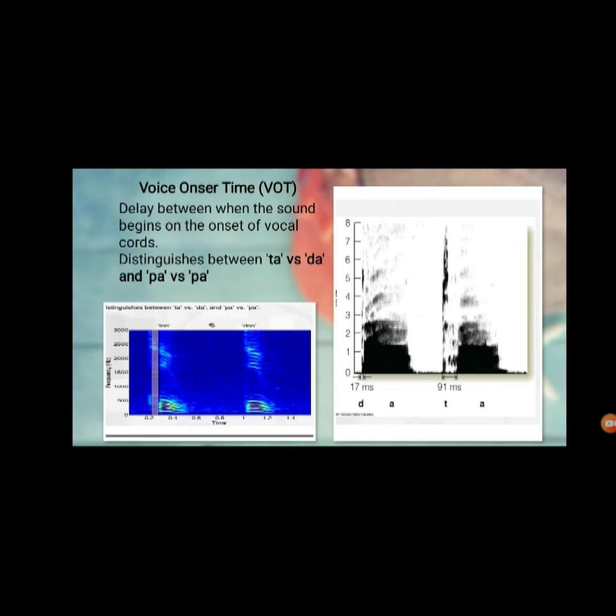Voice onset time, or VOT, the delay between when the sound begins and the onset of the vocal cords, distinguishes between TA versus DA and PA versus BA. They sound the same at first glance, but what distinguishes them is a fraction of a millisecond.